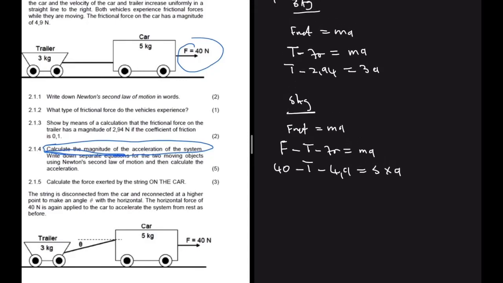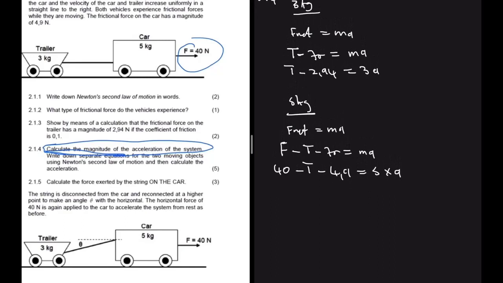So what we are going to do here, I want you to realize that here we have T, and here we have minus T. So if we add these two equations, T is going to disappear, and we're going to be able to solve only for A. So if we do that, we're going to get 40 minus T minus 4.9, and then plus T minus 2.94, right, equals 5A plus 3A.